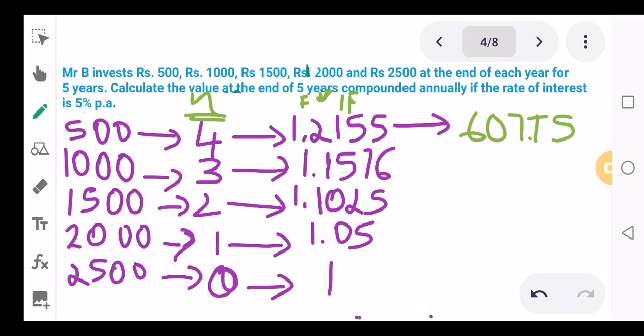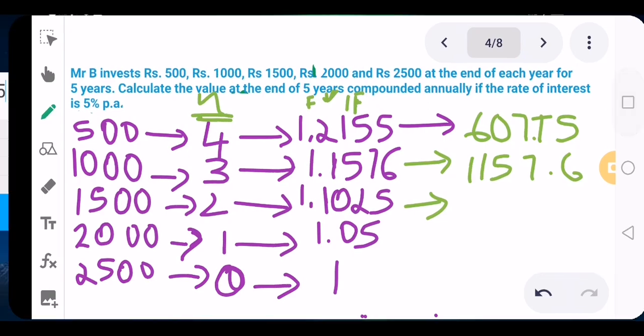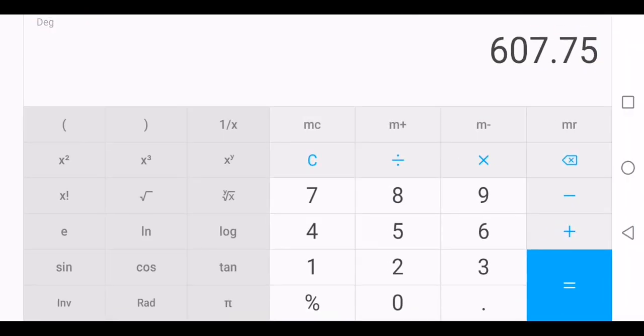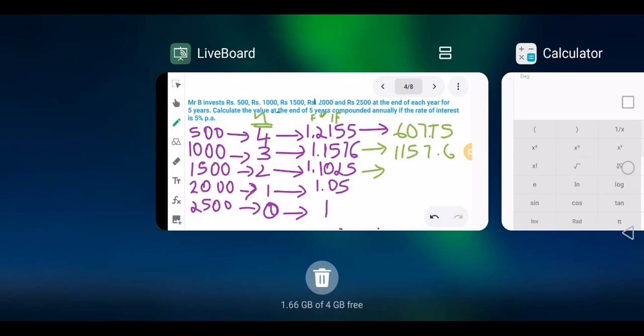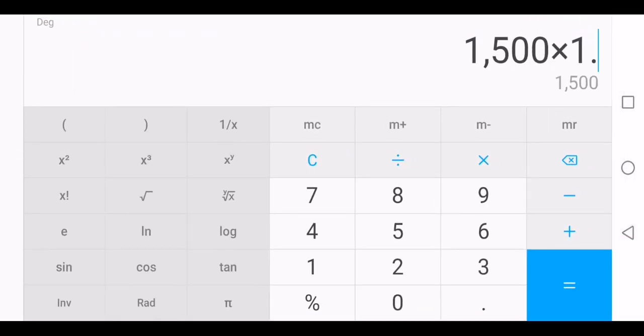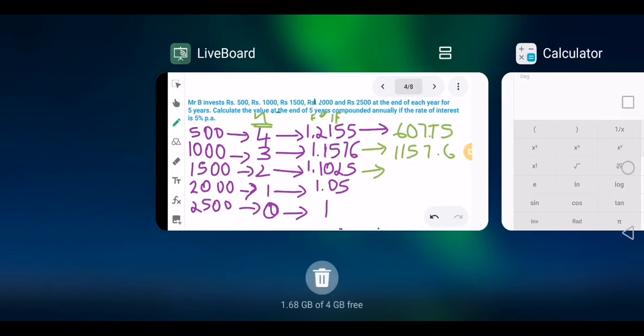Next, 1000 into 1.1576 is nothing but 1157.6. Next, 1500 into 1.1025 is equal to 1653.75.